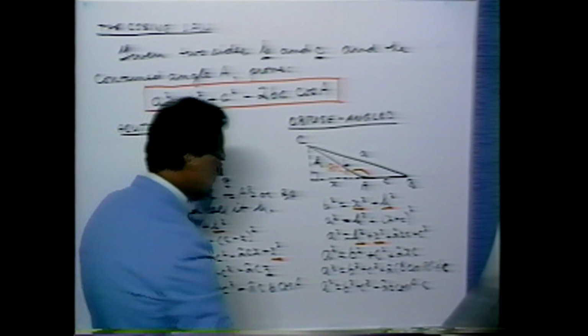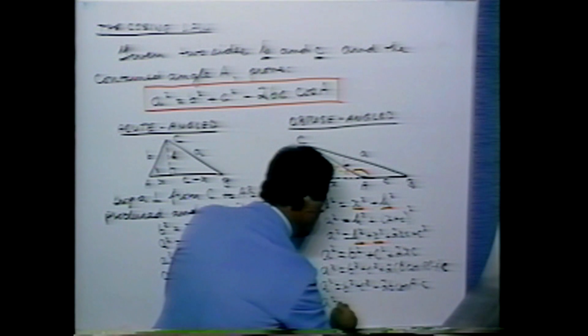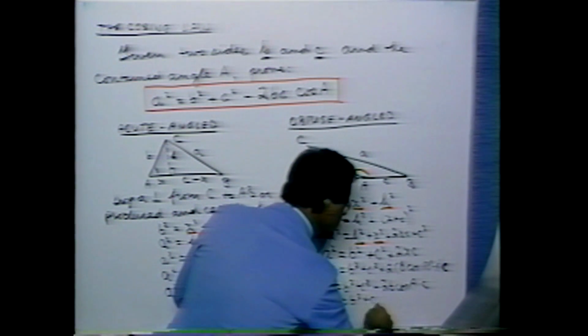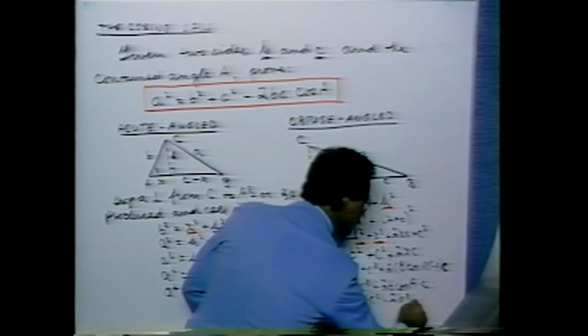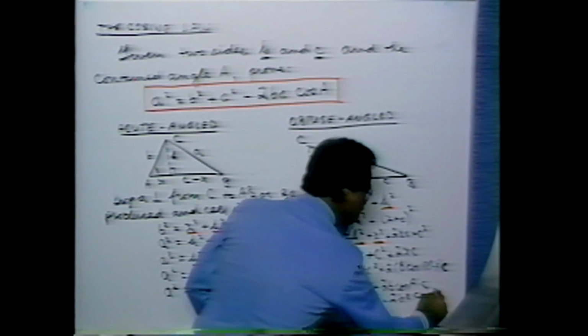Written more appropriately, we have that a squared is equal to b squared plus c squared minus 2bc cos A.